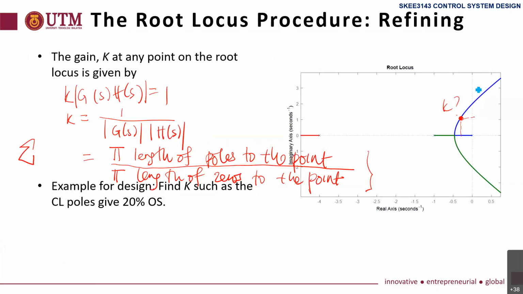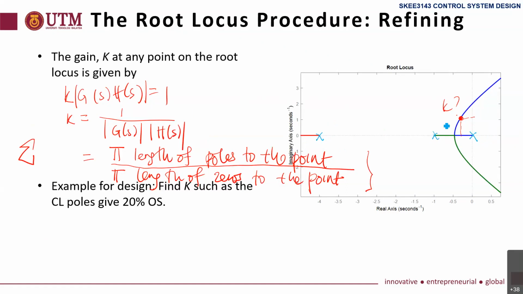This means if I want K at this point, the one that I highlighted in red here, what I need to do is to find the length of the poles to the point. There are three poles here in the root locus.